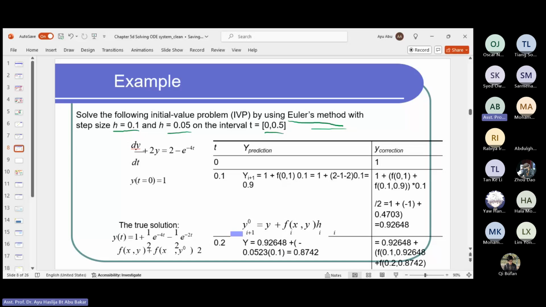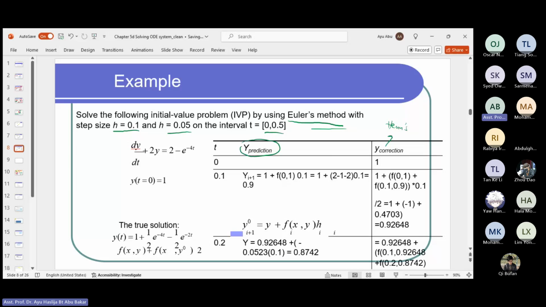Now this table, as of now, you just ignore the y correction. We focus on the y prediction. The y correction involves the Heun's method, the next method later on. Now we focus on Euler's method.